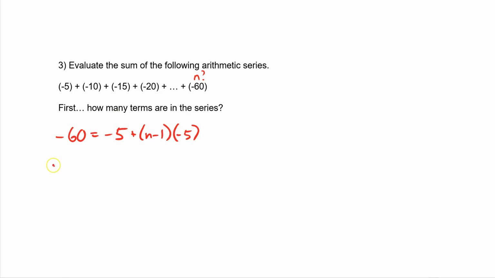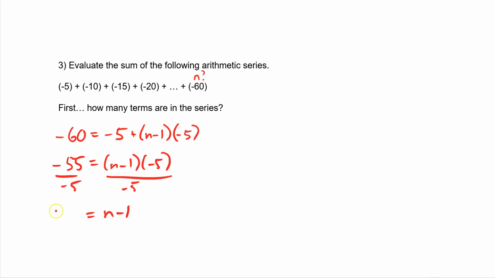First thing I'll do, I'll add 5 to both sides, so n minus 1 times negative 5. And I'll divide both sides by negative 5. So n minus 1 is equal to 11, which therefore gives us that n is equal to 12. So now we know that negative 60 is actually the 12th term in that series.